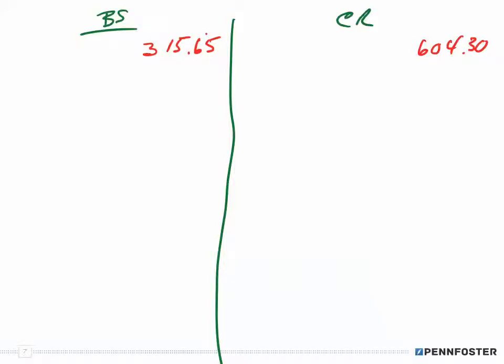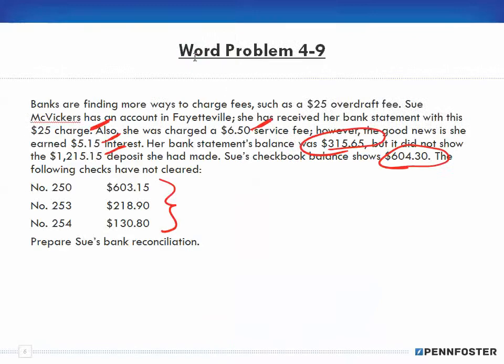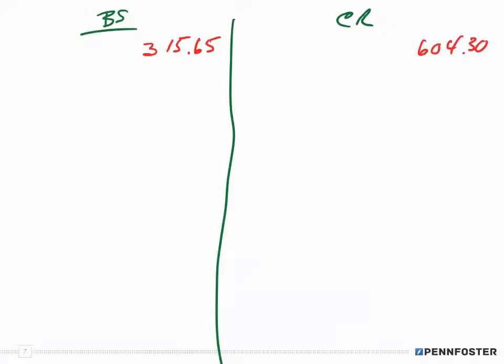Deposit in transit of $1,215.50 goes on the bank side.